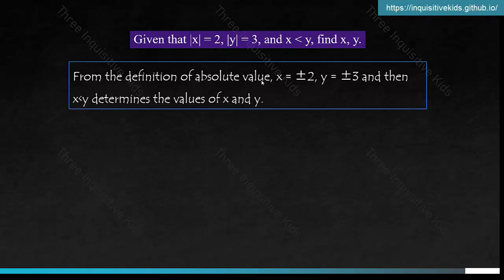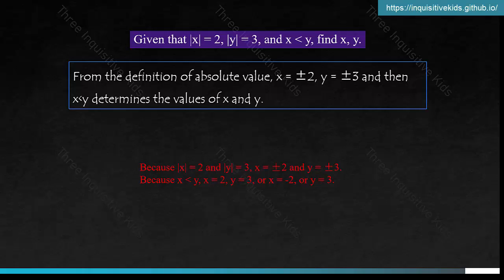And if x is positive 2, its absolute value will also be 2. And we know that y is positive or -3 because the absolute value of y has to be 3.